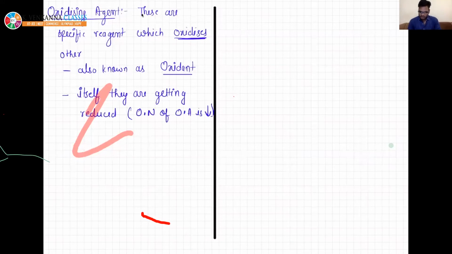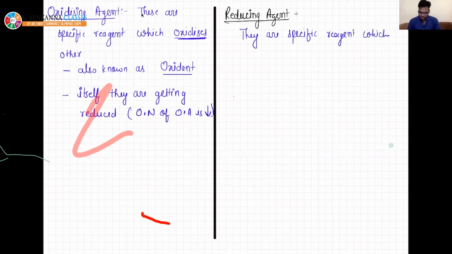Similarly, a reducing agent is a specific reagent which reduces others.